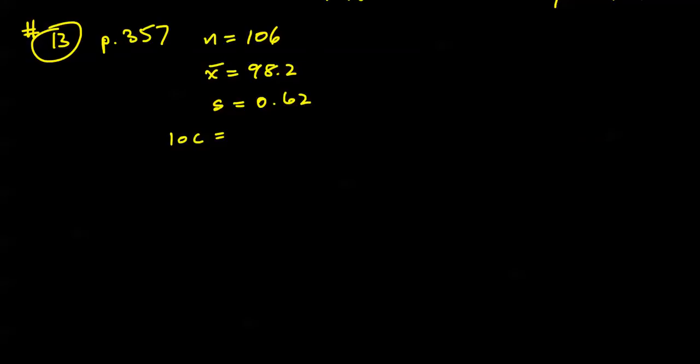Construct a 95% confidence interval estimate. So my level of confidence is going to be 0.95 of the mean body temperature for the entire population. So I want upper and lower bounds for an interval estimate of the population mean body temperature for all bodies of all time.